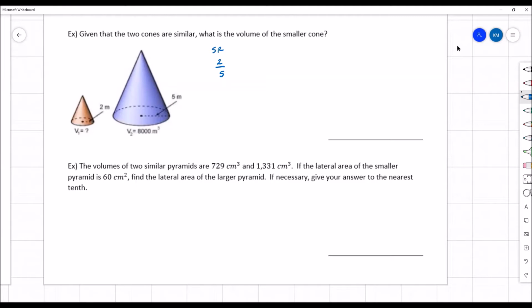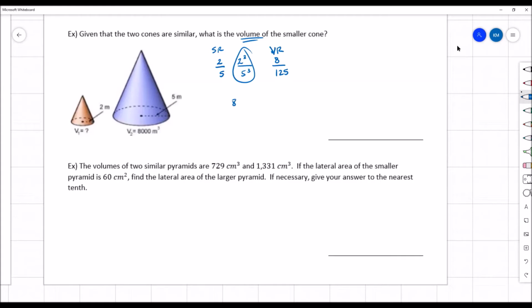We're going to use that, since they're asking about volume, to find our ratio of volumes. So we go from our similarity ratio of 2 over 5 to our volume ratio of 2 cubed over 5 cubed. We could use that to come up with a number, but it's way easier to write 8 over 125.